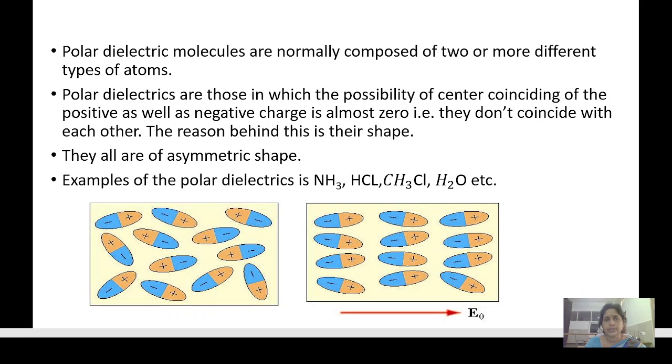Polar dielectric molecules are normally composed of two or more different types of atoms. In polar dielectrics, the possibility of the centers of positive and negative charges coinciding is almost zero. They don't coincide with each other. The reason behind this is their shape.